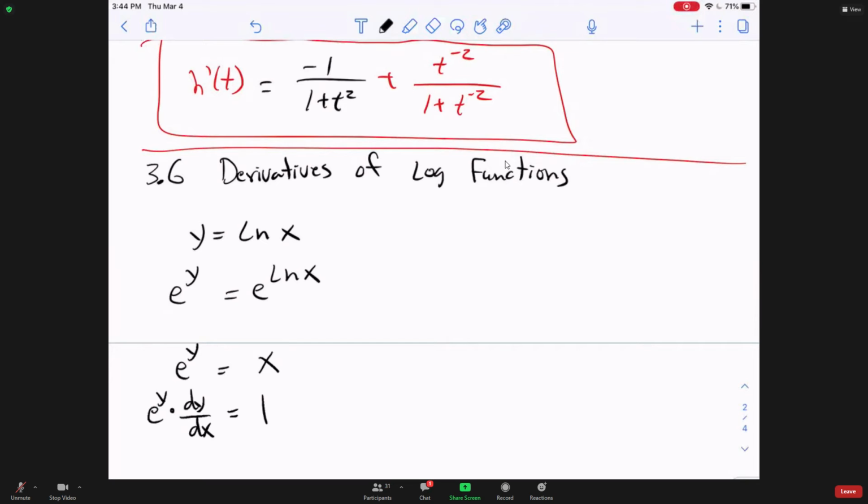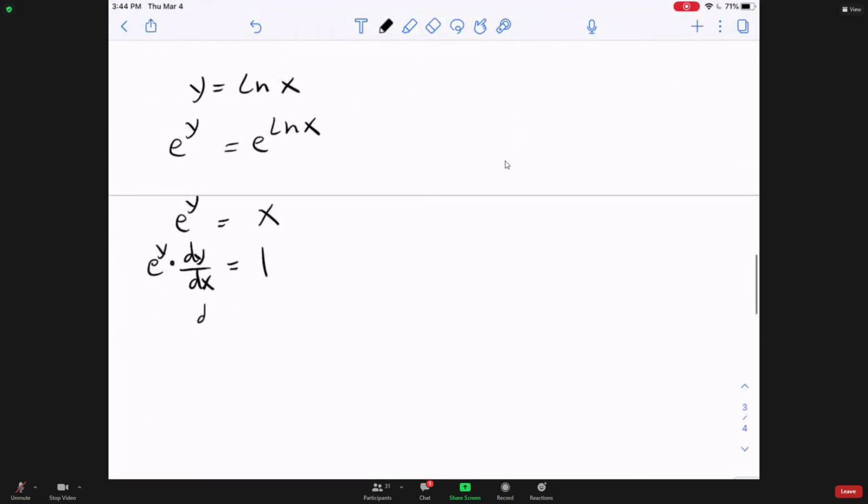So then divide both sides by e to the y. So dy over dx equals 1 over e to the y. But what is y? Well, go back to the original. y was equal to ln of x, right? That's what it says up here. y is equal to ln of x.